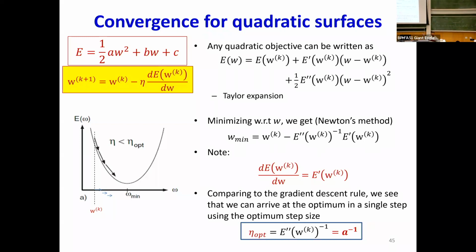You guys understand this? Does this ring a bell? Right? So what is the Taylor series expansion of a quadratic function at any point? I have half of ax squared plus bx plus c, and this is my f of x, right?